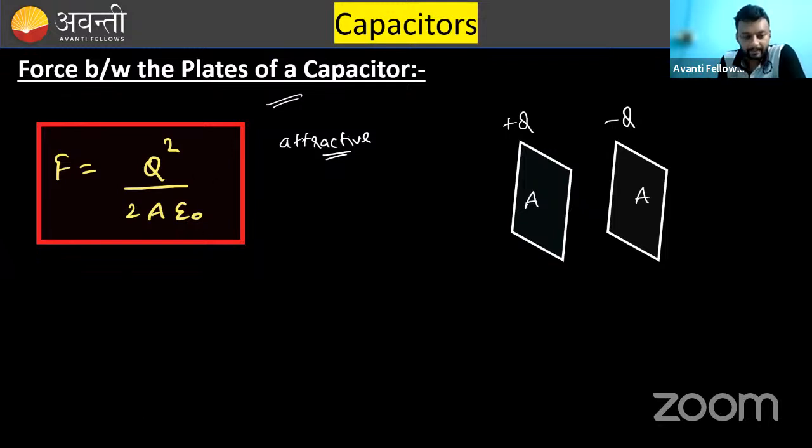Now, one more thing that I will tell you. This is the positively charged plate, this is the negatively charged plate. So there will be an electric field between the plates, and this electric field will be from the positive plate to the negative plate. Clear? What will be the magnitude of this field? So I will write the field between the plates.